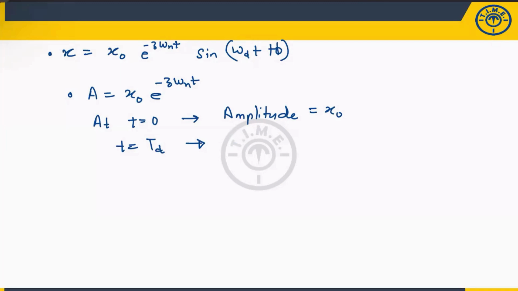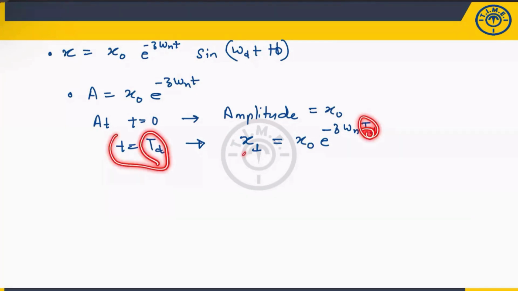Let us suppose one time period means the first one, so I'm denoting it with x1. The next will be x2. So x1 is x naught e to the power of minus zeta omega n td, because I have just kept t equal to one time period, td.